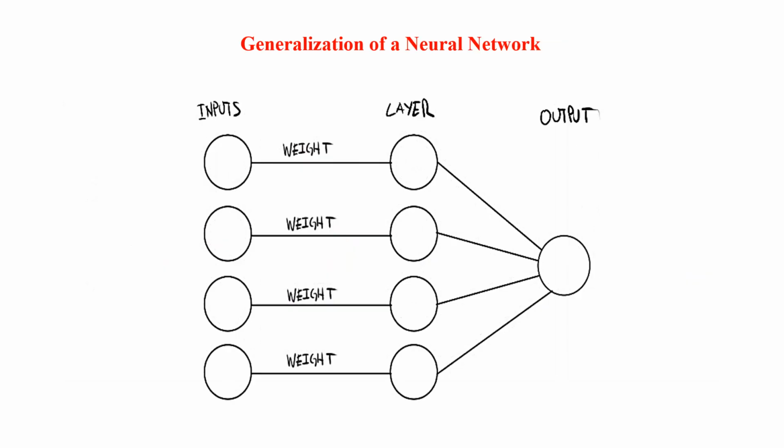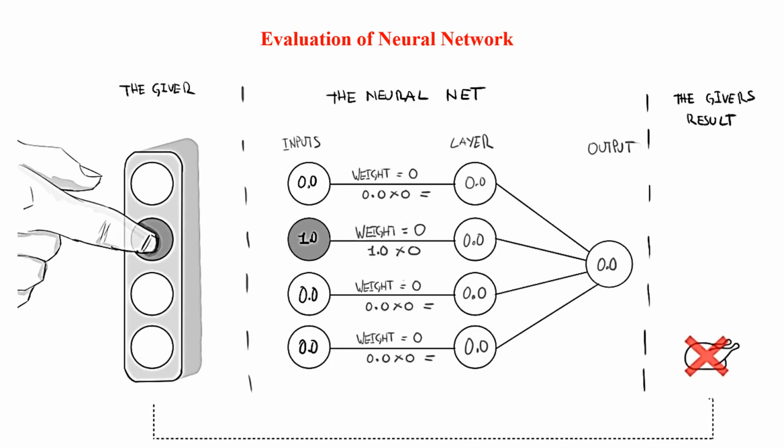What this neural network does is simply receive an input, which in this case would be the perception of which button was pressed, then modify the said input by a weight, and finally return an output based on the addition of a layer. It sounds a little complicated, so let's look at how our model would represent a button press. We are thus mapping an external event to the neural network's input layer, and we are calculating an output.